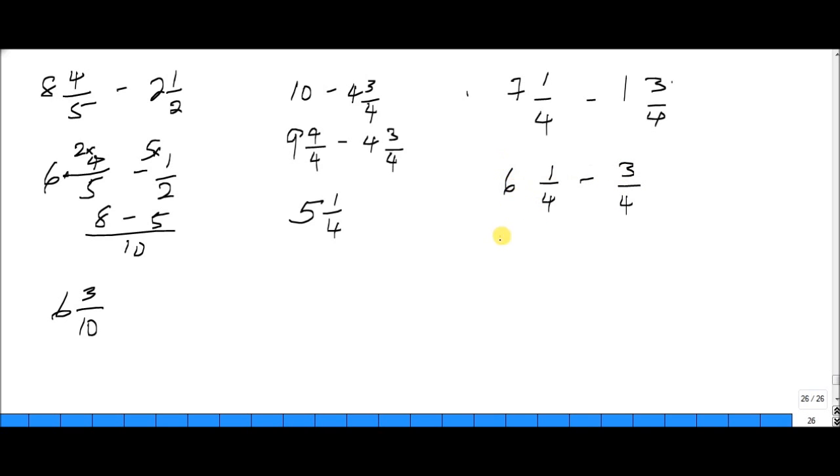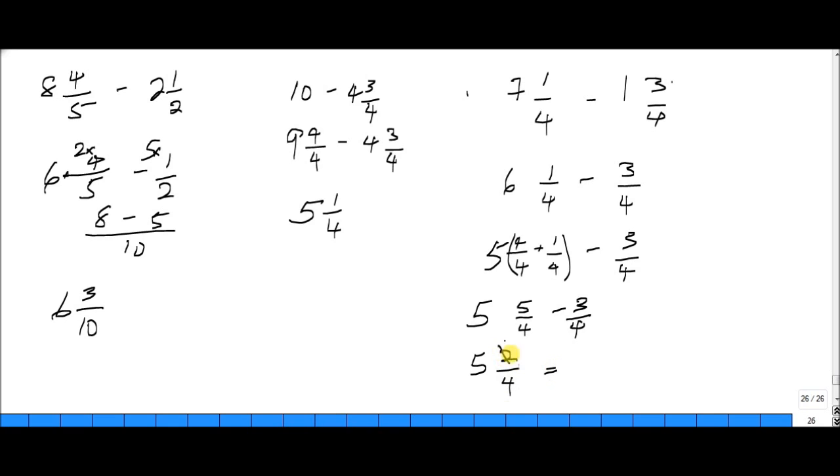We need to take 1 from the 6, leaving 5, and that one we change it to 4/4, and we add it to the quarter we have here, minus the 3/4. Okay, so this now becomes 5, and 4 and 1, this would be 5/4 minus 3/4, which is 5 2/4, which is the same as 5 1/2. Okay.